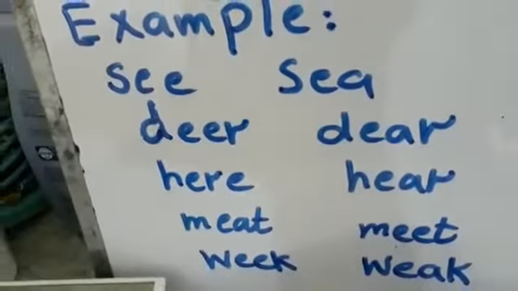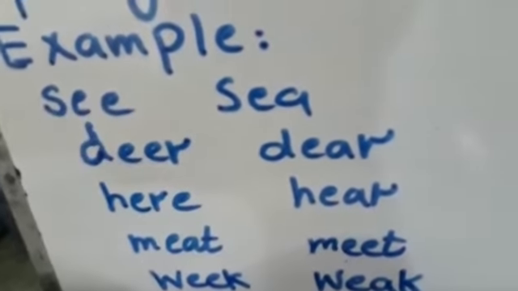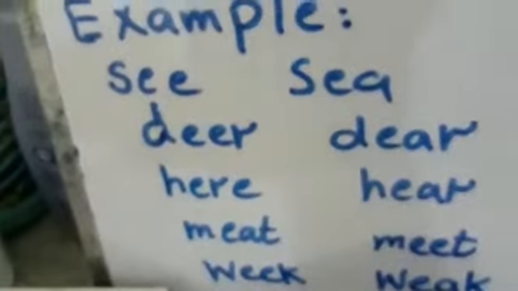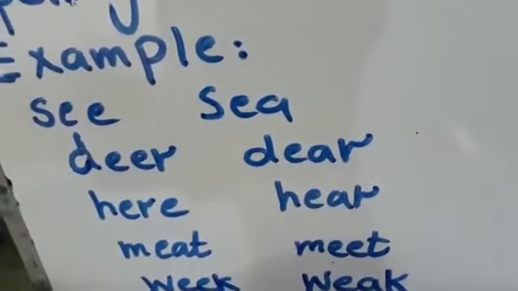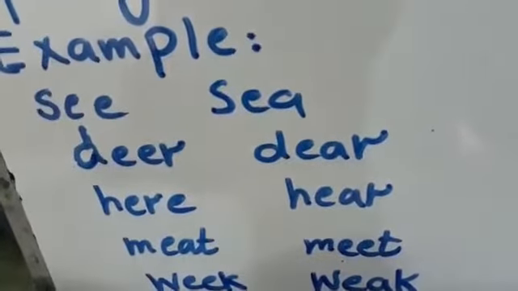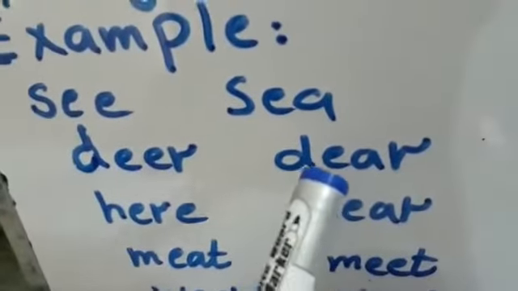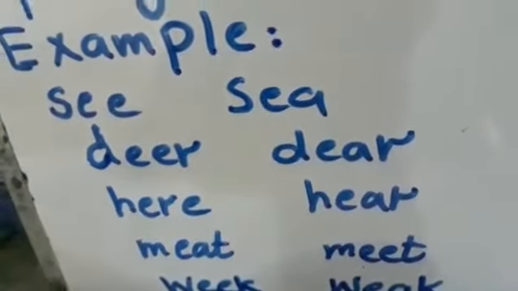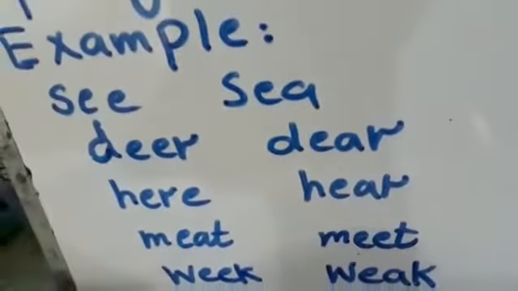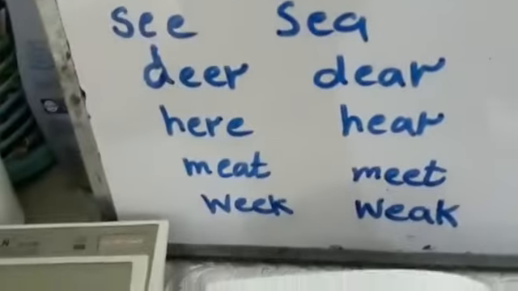Clear? On the other side, deer and dear. Deer is an animal, and dear is a person who is very dear to you, a dear friend, just like this. Same sound of these words, but spellings are different, meanings are different. Clear?